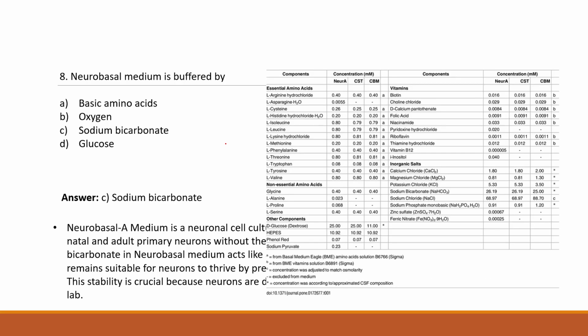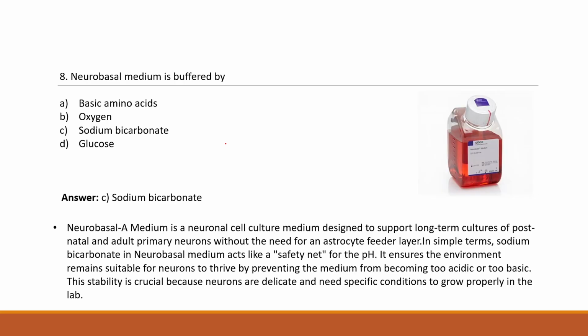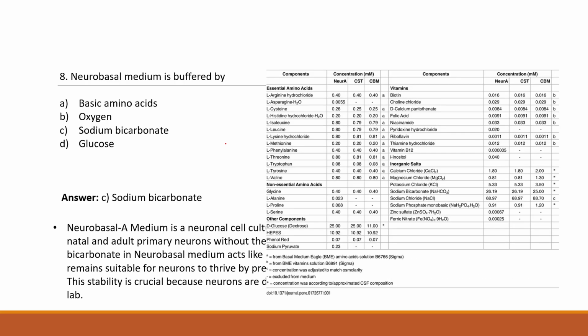signal properly. So this is your basic media, how generally all your mammalian media looks. Your neurobasal media also looks like that. And these are the components of your neurobasal media. It has all your amino acids: arginine, asparagine, cysteine, isoleucine, leucine, phenylalanine, threonine, etc. And then it also has non-essential amino acids, and other major important components are D-glucose, HEPES, and phenol red.